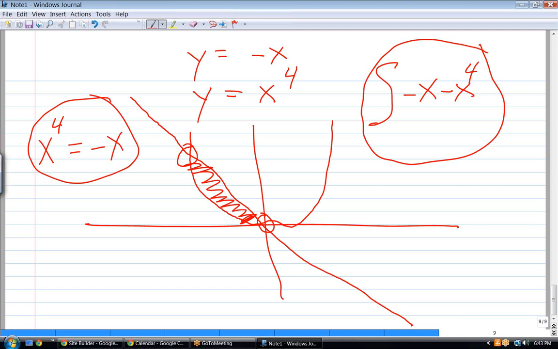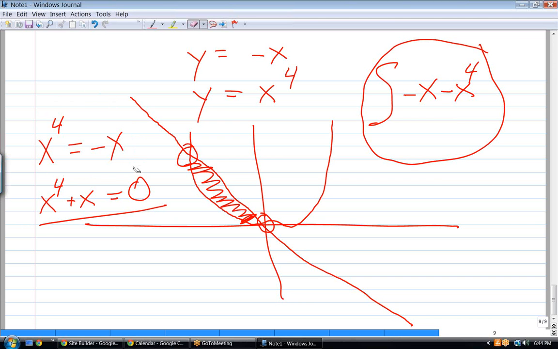So the way you always want to solve these is move this to the other side and factor. In other words, it becomes x to the fourth plus x equals 0. And now solve that. And that way you won't lose the solution x equals 0.